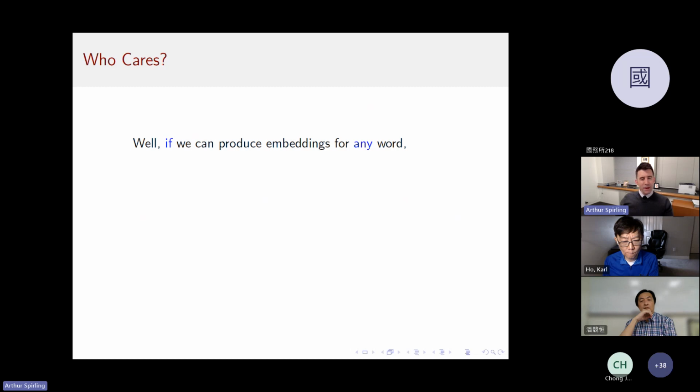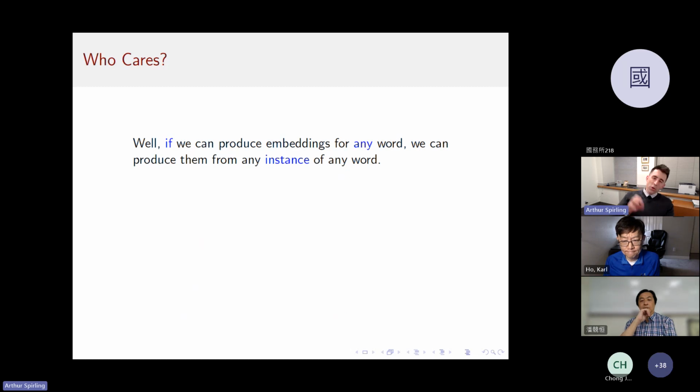So why does any of this matter? What was the point of doing all this? I want to emphasize exactly this slide because it's crucial to what we're doing next. If I can produce an embedding for any word, I can produce it for any instance of any word.